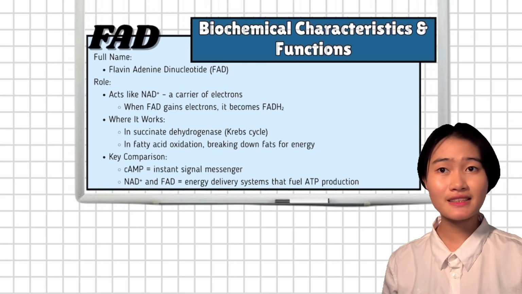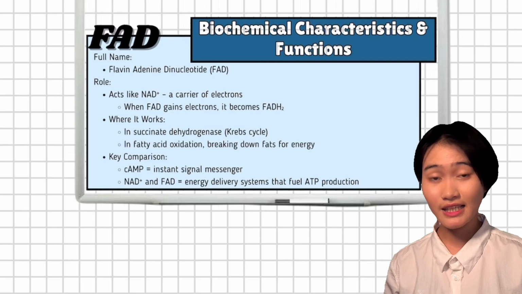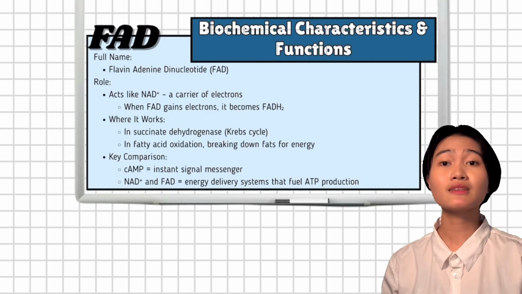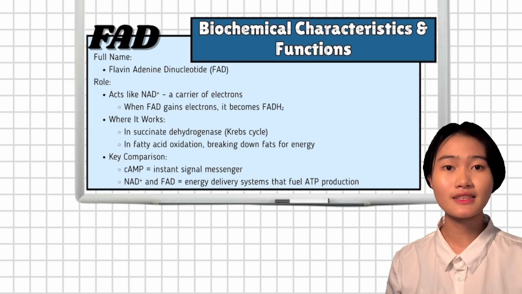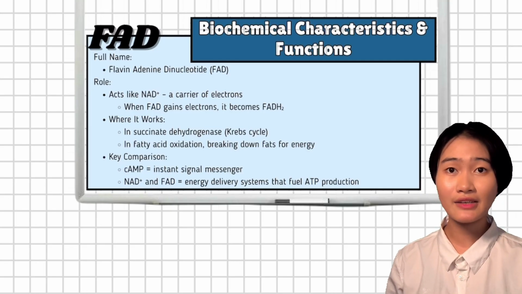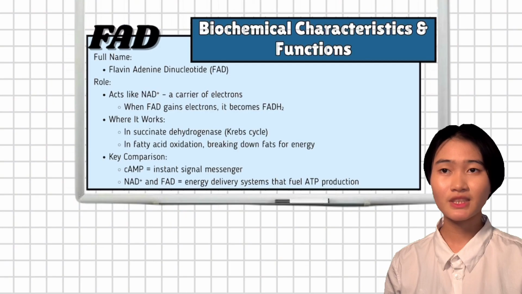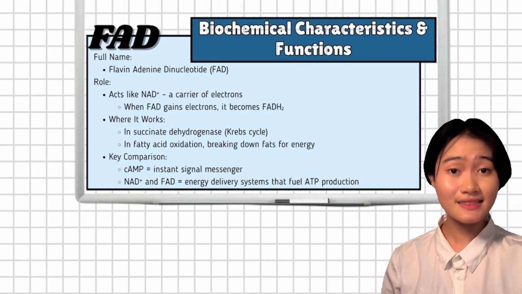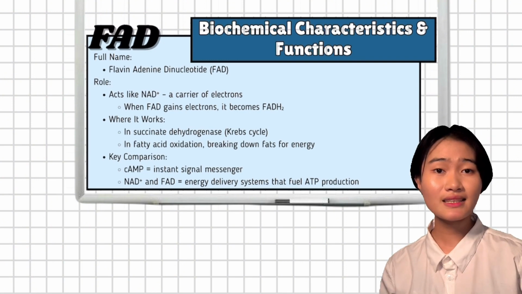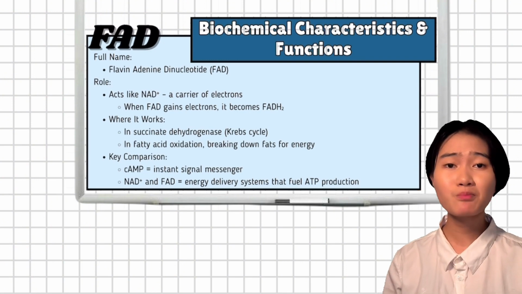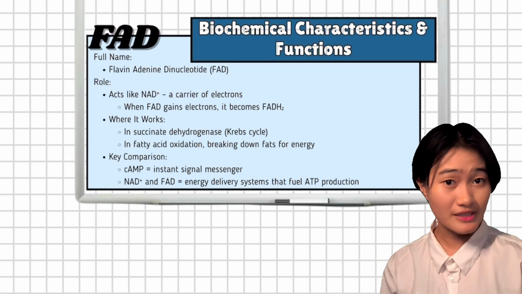You'll find FAD in places like succinate dehydrogenase, an enzyme in the Krebs cycle. FAD also works in fatty acid oxidation, helping break down fats for energy. And so, while cAMP is like an instant message, NAD and FAD are more like power delivery systems.